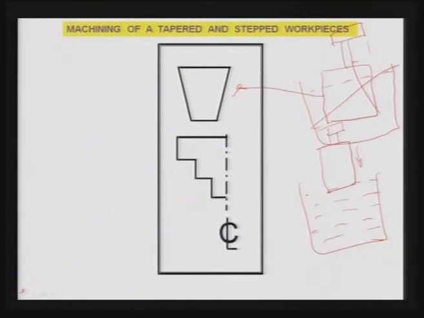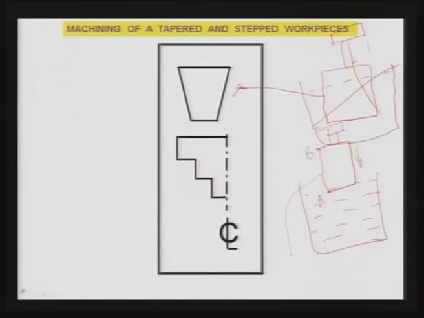Now this particular part A is subjected to the maximum period of machining, while part B over here will be subjected to the minimum machining time. So after proper design of the machining parameters, if you remove the material from this particular part, then you are going to get the tapered workpiece like this as shown over here.